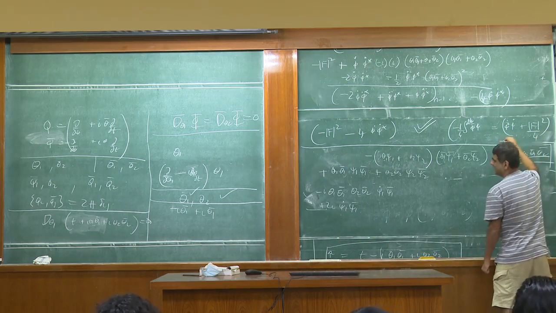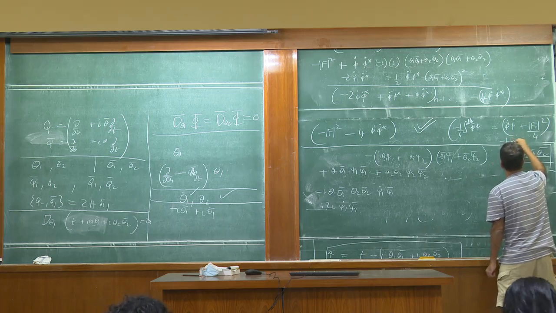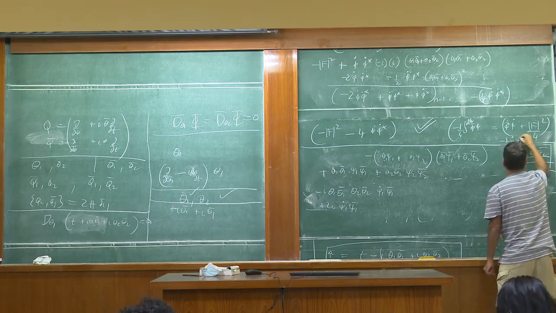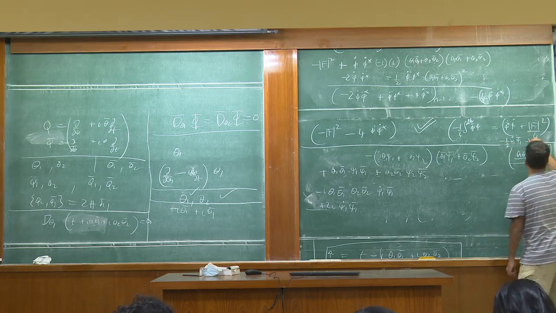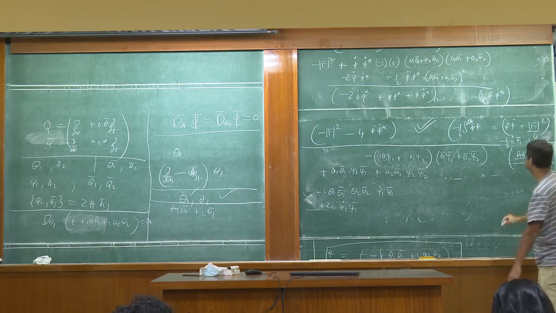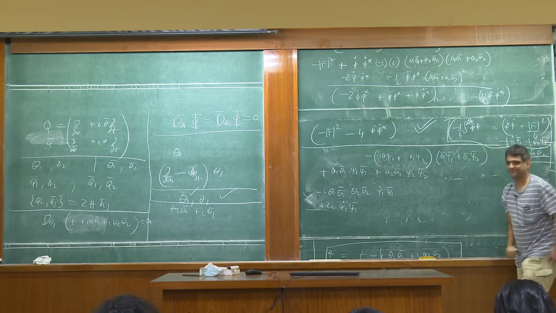Here we get minus half psi 1 dot psi 1 bar. And similarly, of course, minus half psi 2 dot psi 2 bar. Okay, so this is our whole answer up here.